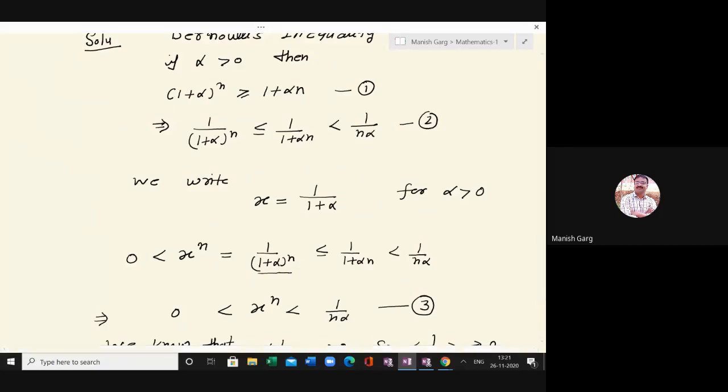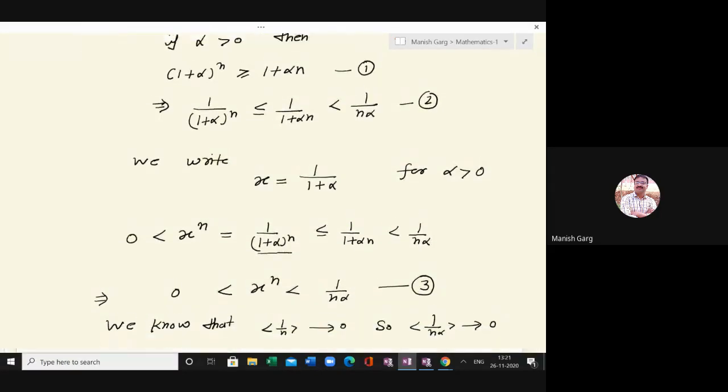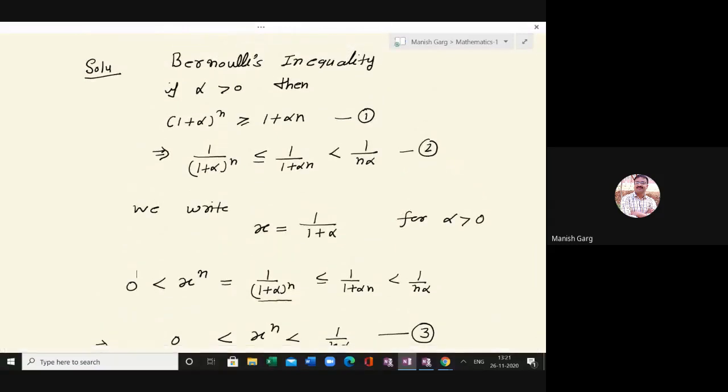Tushar, Rakshit: sir, we must also write that alpha is very small, smaller than 1. Why? You take any alpha. If you take alpha equal to 2, then 1 upon 1 plus 2 will also be 1 by 3.